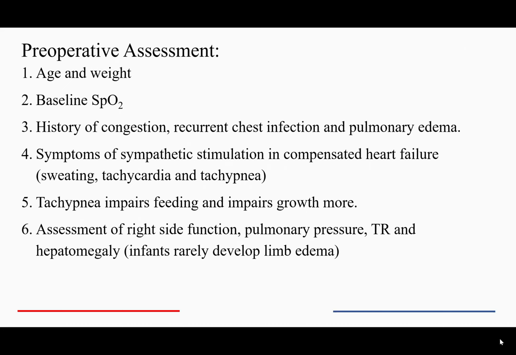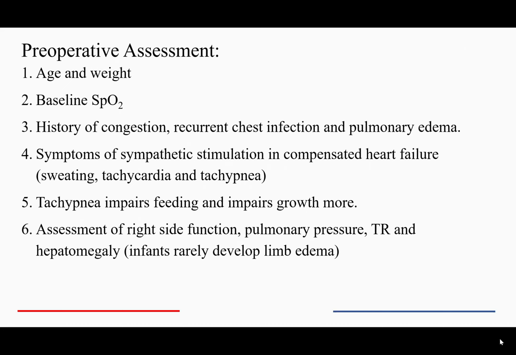The lung is congested, so the saturation is usually 100, unless there is severe congestion leading to pulmonary edema and impairment of ventilation, or the patient has progressed to pulmonary hypertension. History of congestion, recurrent chest infections, pulmonary edema, symptoms of sympathetic stimulation in compensated heart failure, presented with sweating, tachycardia, and tachypnea. Tachypnea impairs feeding and impairs growth more.